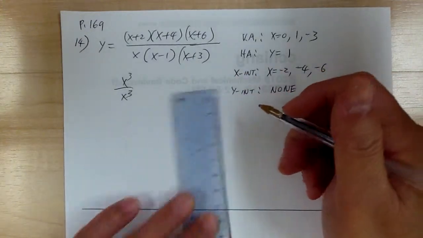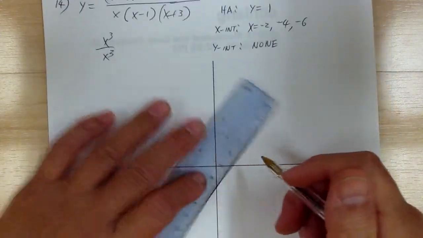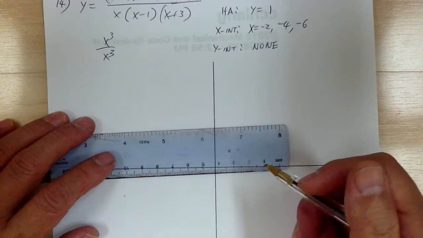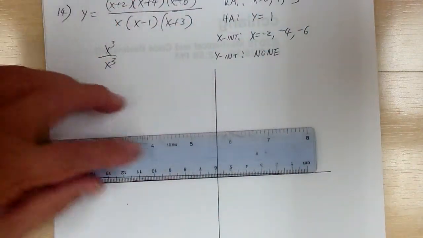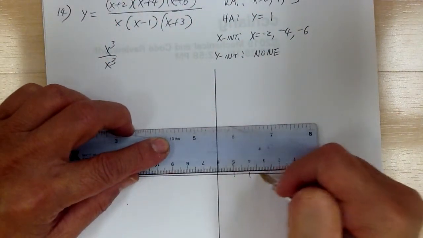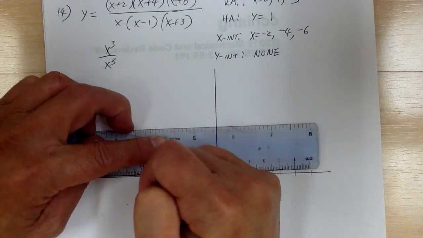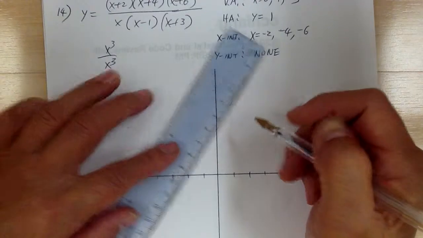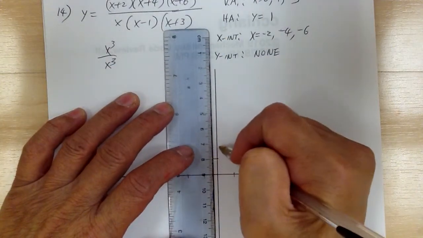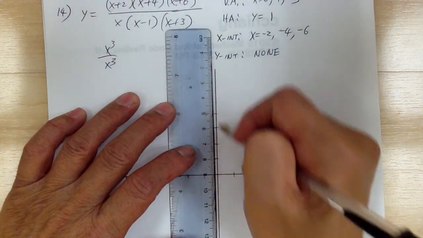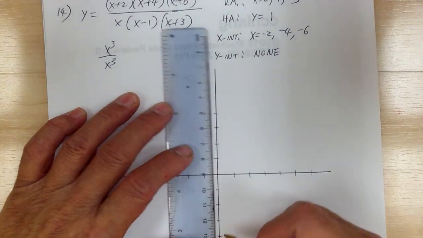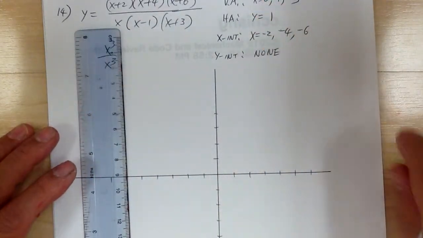Okay, so you go ahead and sketch. So vertical asymptote.